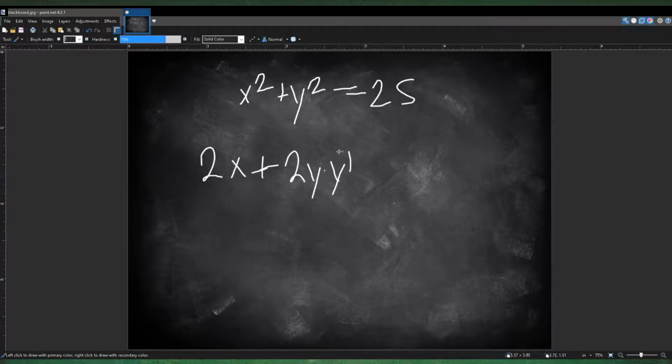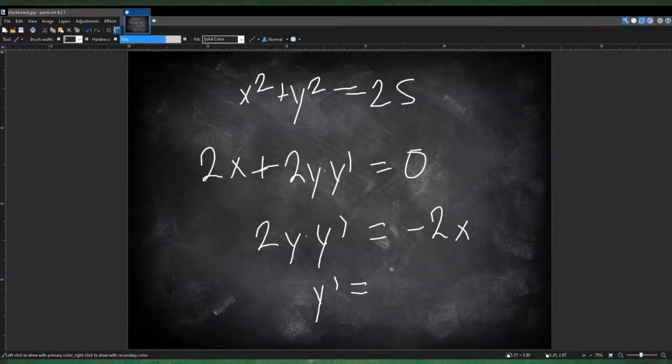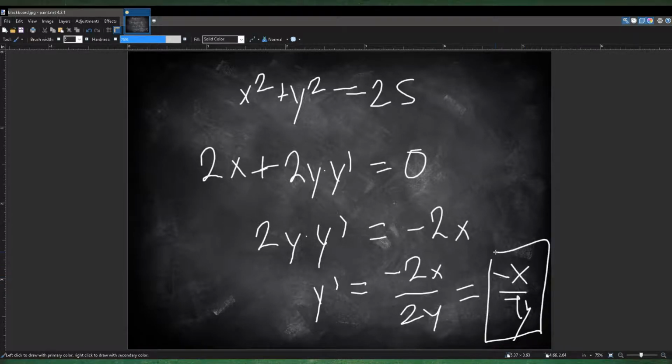Whatever you have left, you multiply by the derivative of that variable, so it's the derivative of y, and the derivative of the number is 0. Then you minus 2x, so 2y times the derivative of y is equal to negative 2x. Divide by 2y on both sides, so you get negative 2x divided by 2y, which is negative x over y. See, it's basically just that fast.